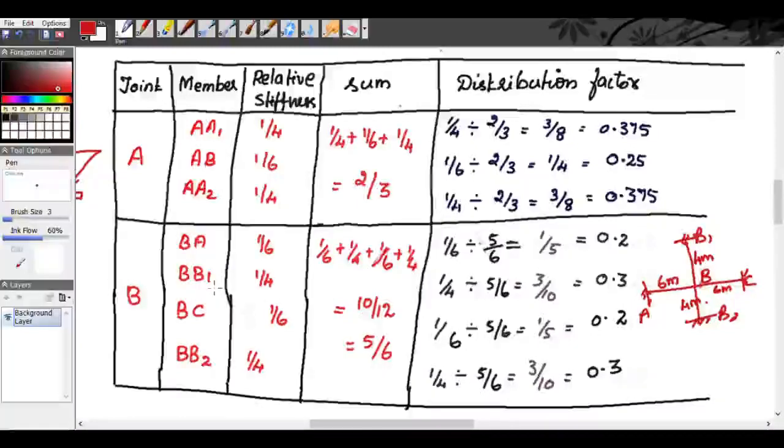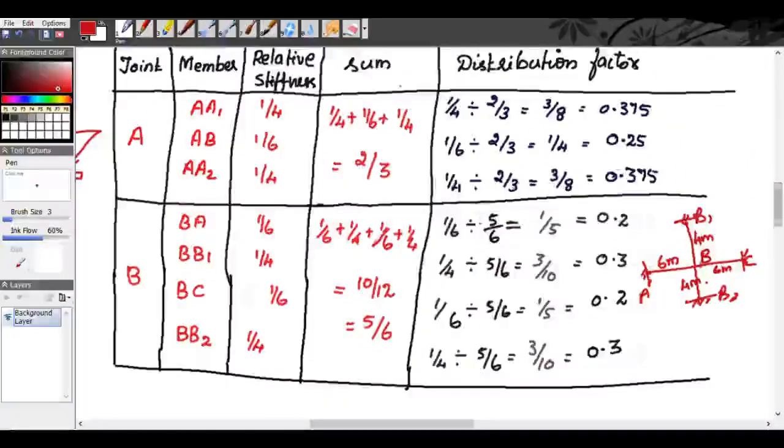For B1, we get 0.3. For BC, we get 0.2 and for B2, we get 0.3. Similarly, you can continue for the other cases also. If you are taking C and D, it is similar to A and B. Joint C will be similar to joint B and joint D will be similar to joint A.